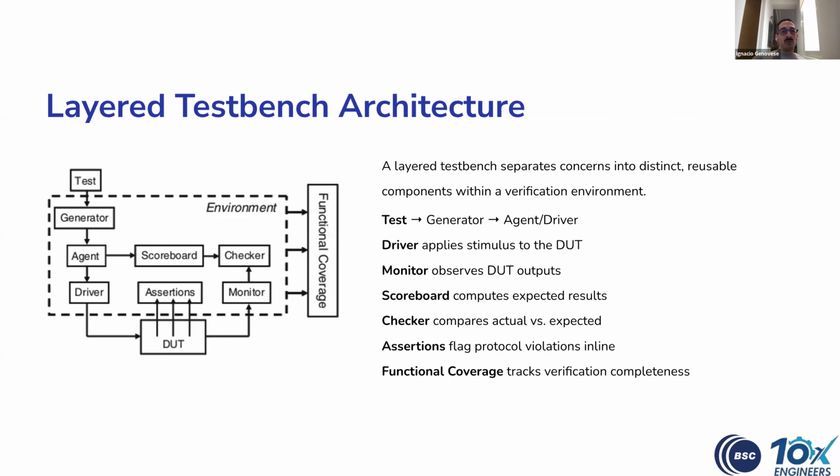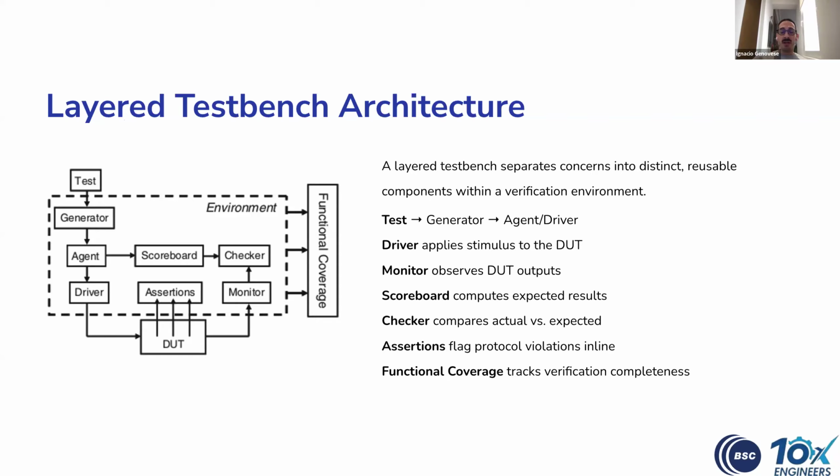So moving forward into how a test bench is built and layered. Why do we have layers in a test bench? Because separation of functions is crucial. Each component in the test bench has its own job.